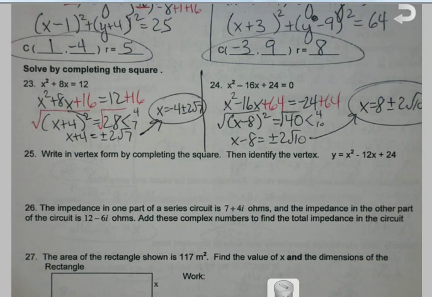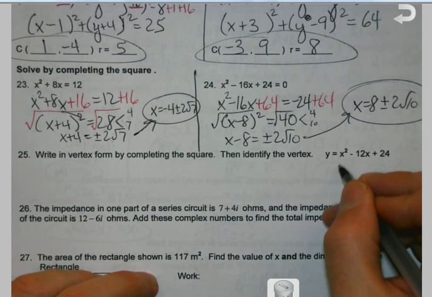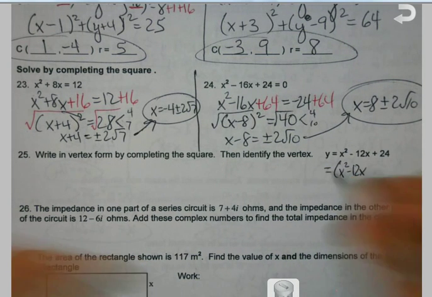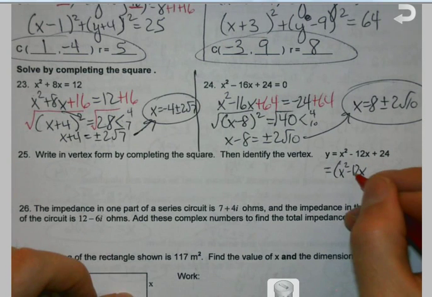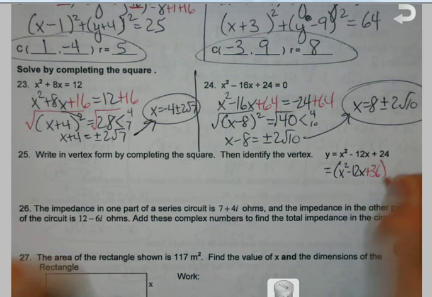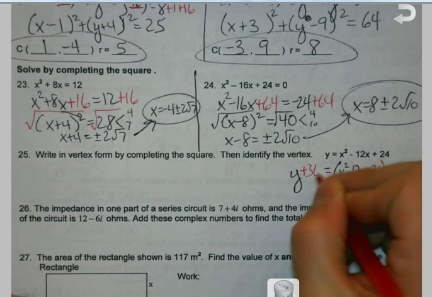Write in vertex form, completing the square, identify the vertex. So this is one last time that we complete the square, and this is the one where I'm going to isolate my x's on the right side of my equation. Half of negative 12 is negative 6. Quantity negative 6 squared is 36. That gets added once to each side.